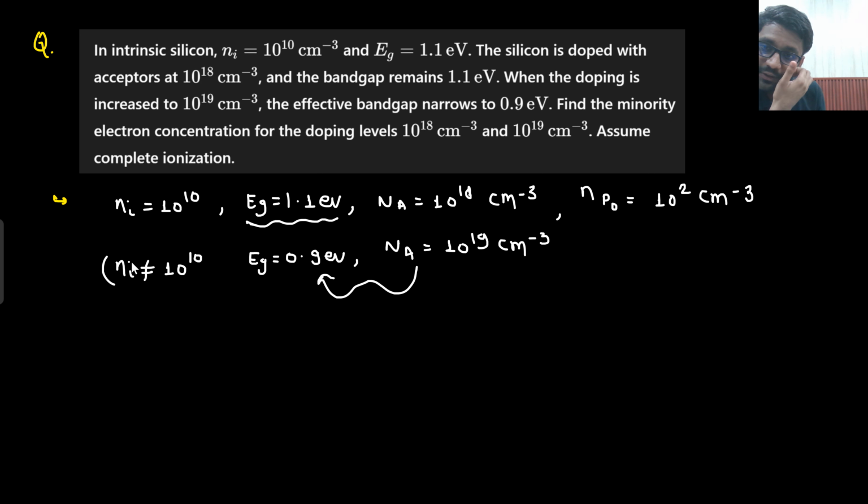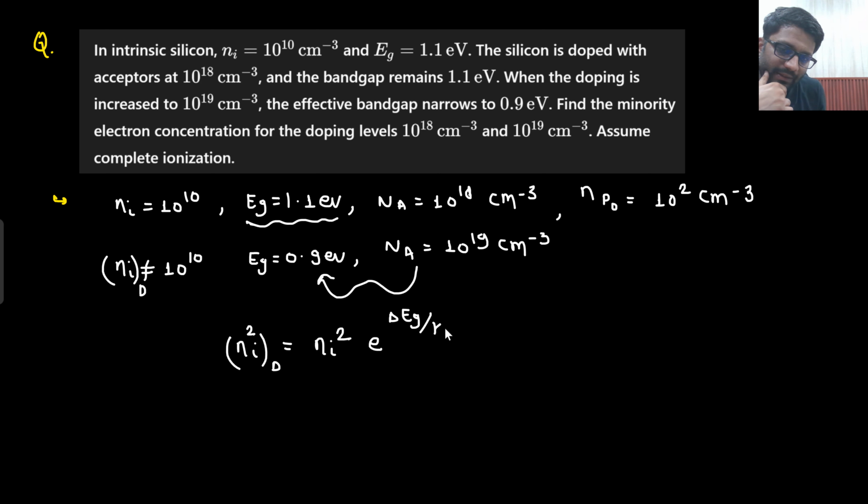The Ni value after doping has changed. So what will be the Ni value after doping? Ni square after doping would be Ni square before doping times e to the power delta Eg by kT. I know that this value will increase. So what was the previous value? That was 10 to the power 20 times e to the power delta Eg, where delta Eg is 0.2 divided by kT, 0.0259. So when I solve it, what value am I getting?